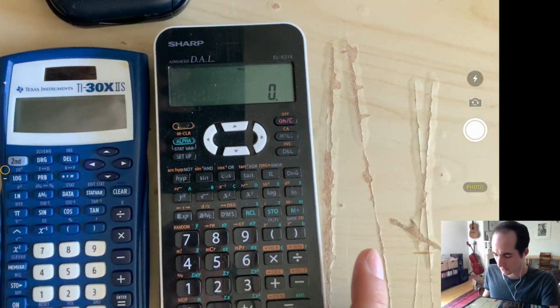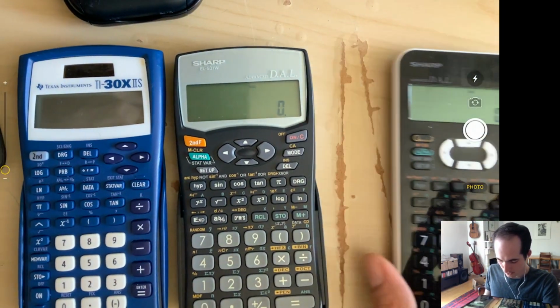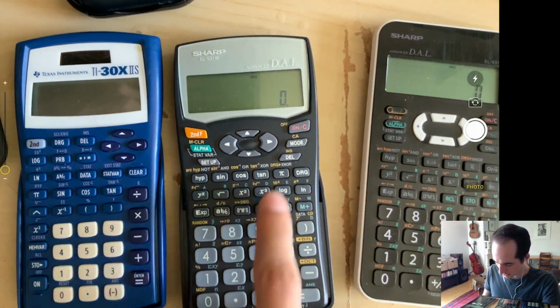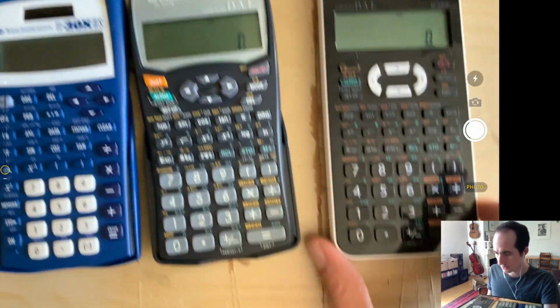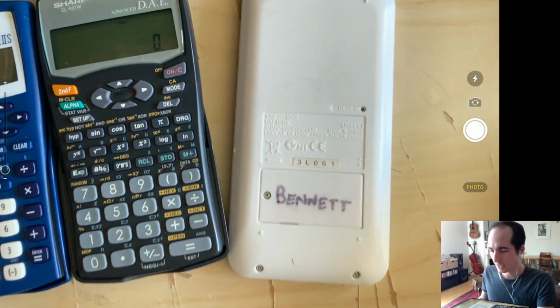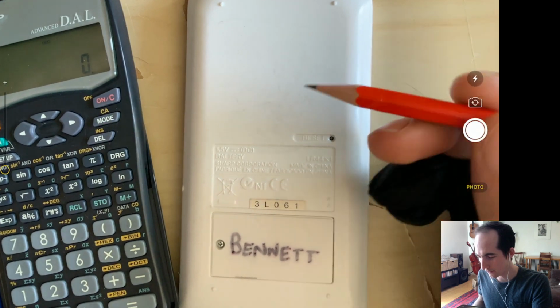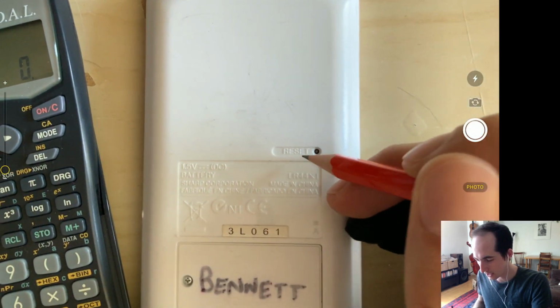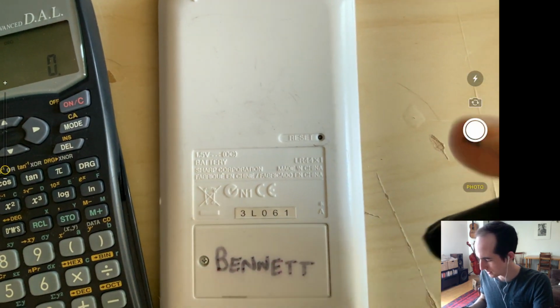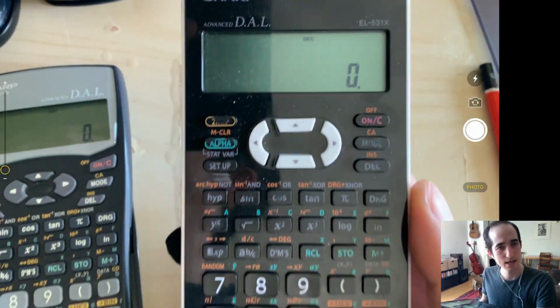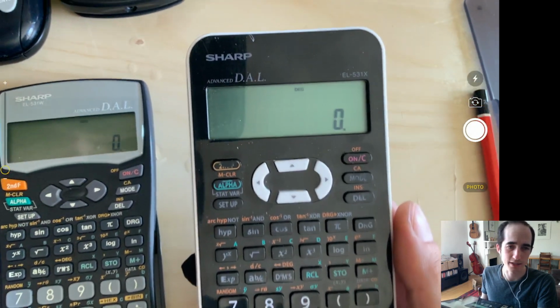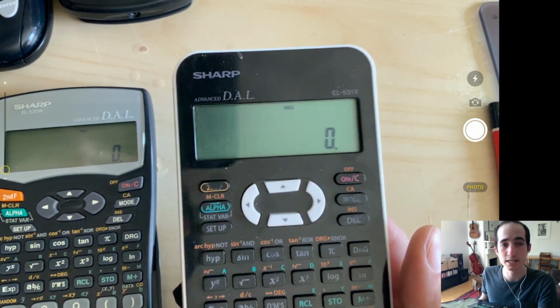So instead of trying to fiddle around to find the DRG button or the mode button, I flip it over and find the reset button, and I get a nice sharp pencil, and I press that button once, and it resets it to the default settings, and degrees are always the default. So it just makes it easy.